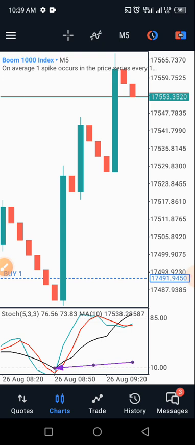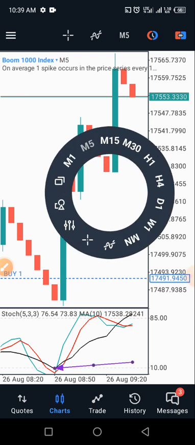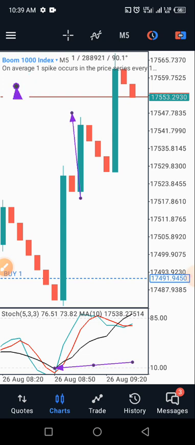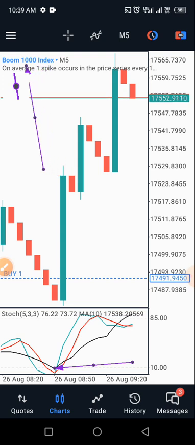Remember that this is the 5 minutes time frame, so we are just going to be using this strategy to catch a spike in the market. We are going to be using this strategy on the Boom 1000 index market. Even if you want to make use of this strategy on any other market, make sure you backtest it first, but definitely you'll be able to make use of this strategy on Boom 1000 index on the 5 minutes time frame.